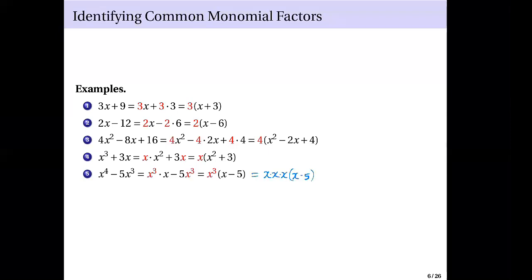We use the highest common factor among them, which means this part here can be written simply as x cubed. So this will be our final example. So the final answer is this guy here. And this is considered as the complete factorization of the polynomial x to the 4 minus 5x cubed.